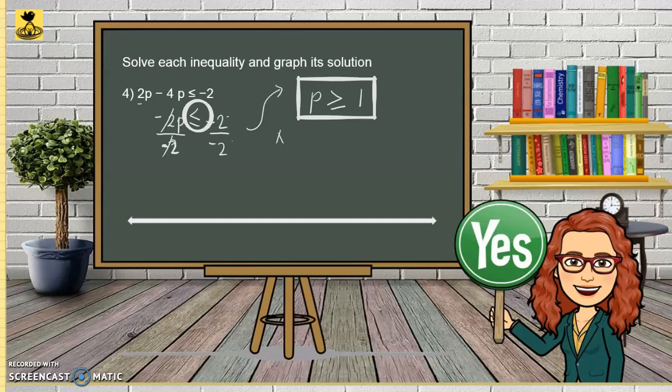So I'll just put a note here. If we divide by a negative number, the inequality symbol will be reversed.